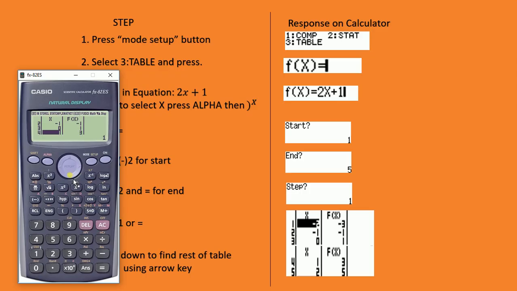Go down, it's 1, 2. So all the values are given there as we go down, and we can see the corresponding values. For -1 it's -1, for 0 it's 1, for 1 it's 3, and so on. We can get all these values. So we're going to use these values now and plot our graph accordingly.